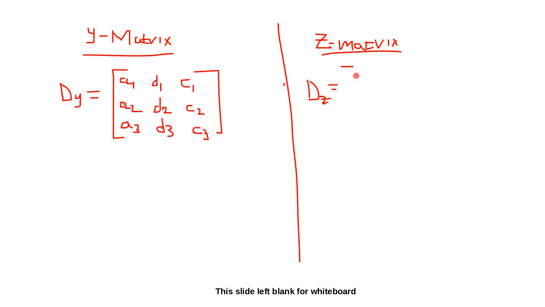So we'll have A1, A2, and A3. Again, B1, B2, B3. So the elements in the Z column now is what we will replace by the elements in the constant, so D1, D2, and D3.